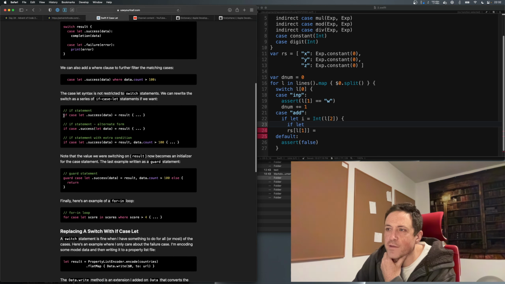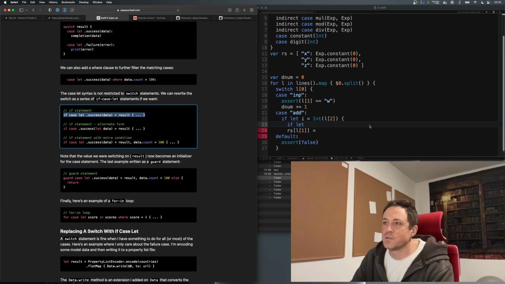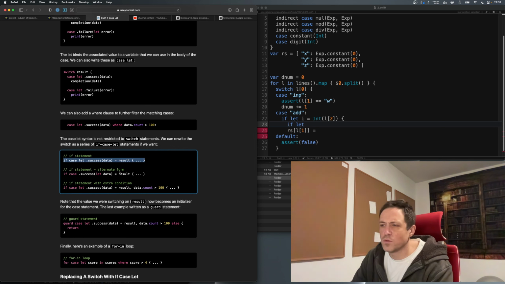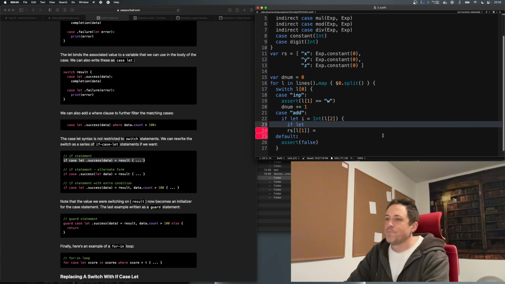If case let. This is it. If case let. Rewrite the switch. Equals result. That's the weird part of this syntax.